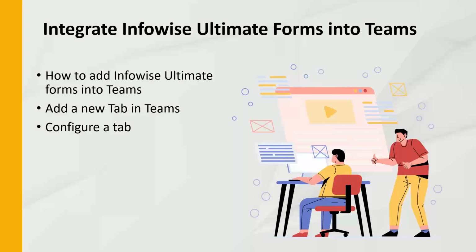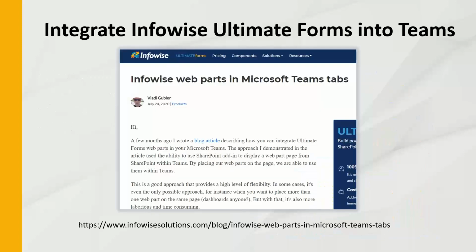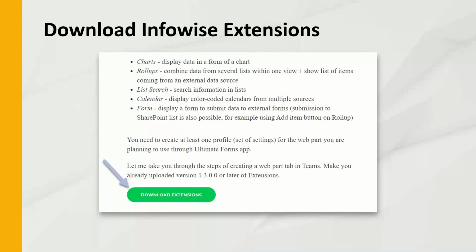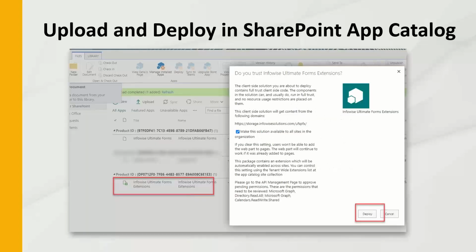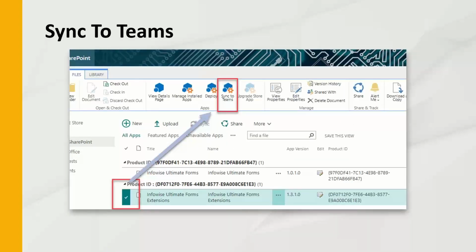So here we have integrated Infowise Ultimate Forms into Teams. I would like to touch base on this as well. The documentation is quite thorough. There's a lot of details on how to do it, so you can just go ahead and take a look at that yourself. But I want to highlight the 4 or 5 steps that you need to do to integrate Infowise into Teams. You download the extensions, you enable the extensions right on the SharePoint catalog, you deploy the extension, and then you synchronize with Teams.